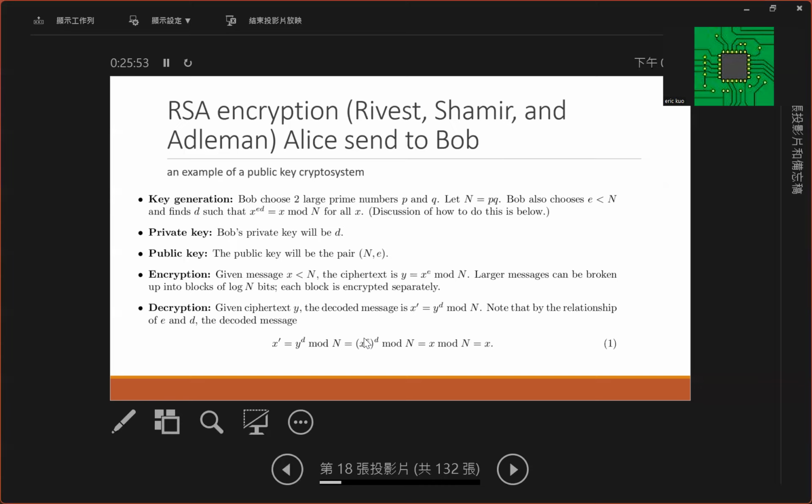So let's say Bob wants to receive a message. First, Bob chooses two large prime numbers p and q.